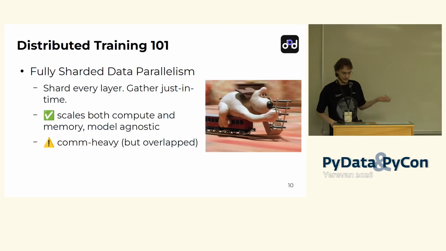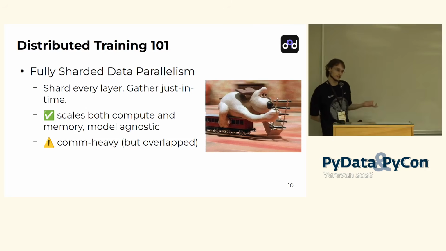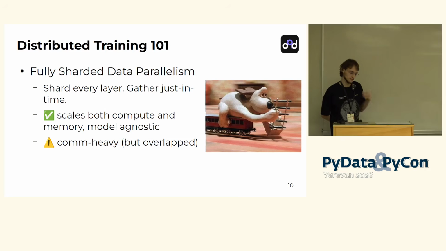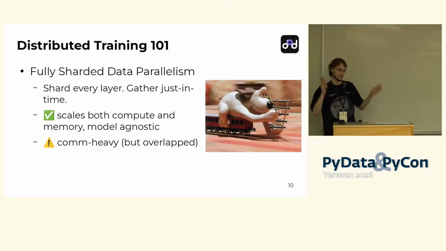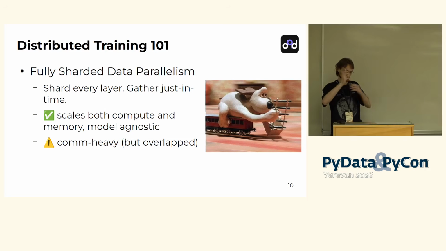Another one about the data is FSDP, fully sharded data parallelism. It works just like DDP, but before doing some computations during forward and backward passes, it has each layer sharded across your cluster, across your GPUs. So if you have some linear layers, all of this will be sharded by parts on each GPU.